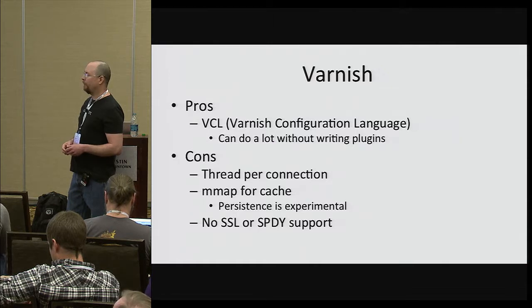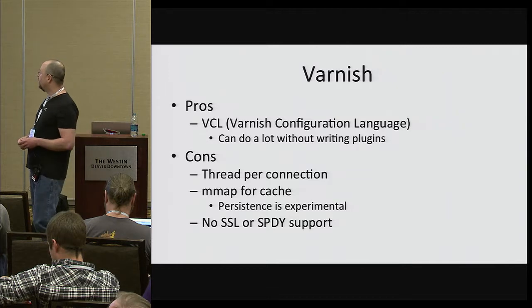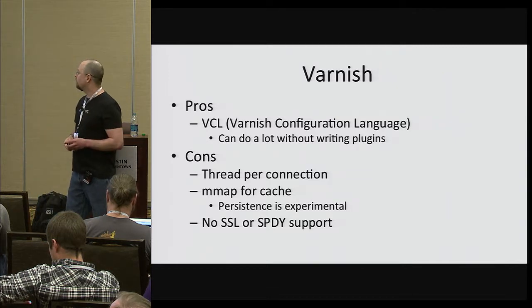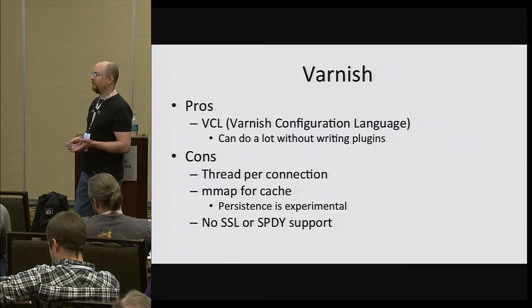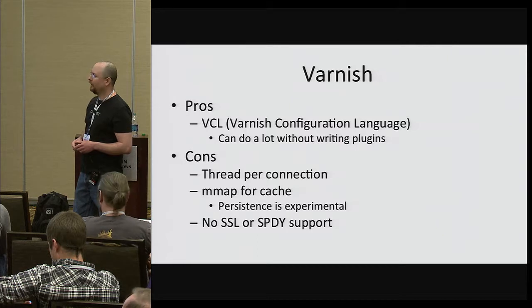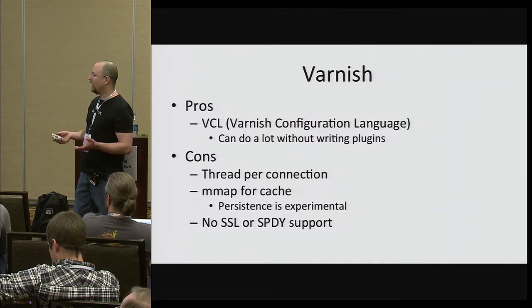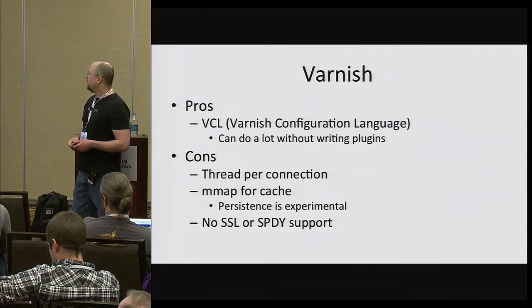Cons: you have a thread per connection. Actually, it's a thread per request. So you have tons of threads in the system. Mmap for cache. For some, this can be a con because you don't have persistent cache. Also, you can't have very large caches. And it doesn't have SSL or SPDY support.